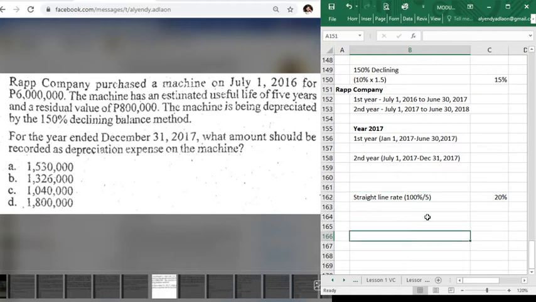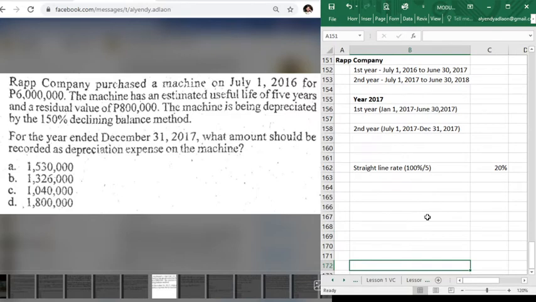method, 150% declining, we will need the straight line rate. So, that is 20%. Now, unsa man ato ang fixed rate ani or the depreciation rate under the 150% declining. So, from the word itself, 150% declining, then we are also to multiply our straight line rate by 1.5 or by 150%.